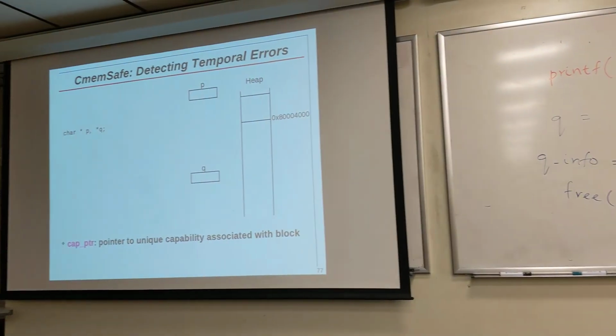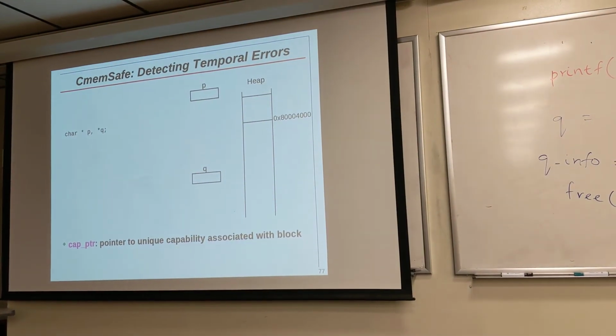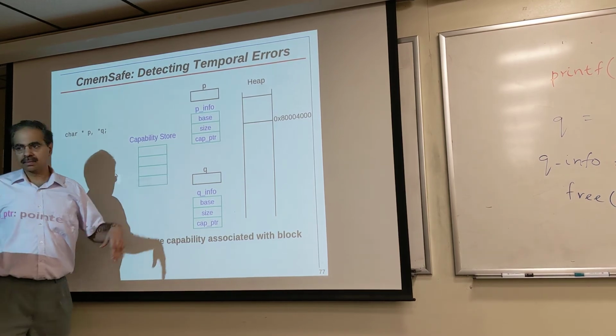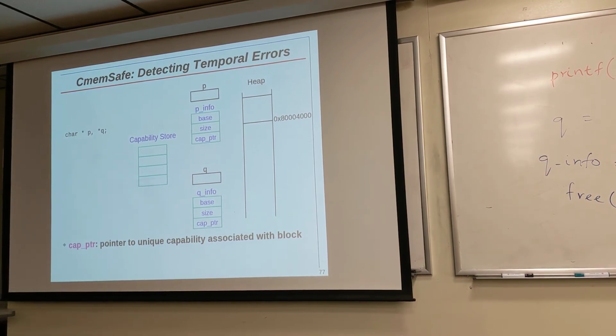Okay, so in this case, we are going to add something called a capability. Right. So this capability is going to help us figure out whether the reference that we have to an object is current or not. Okay.